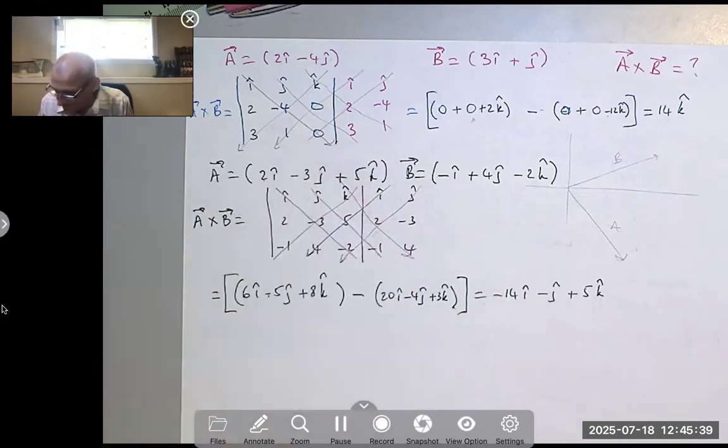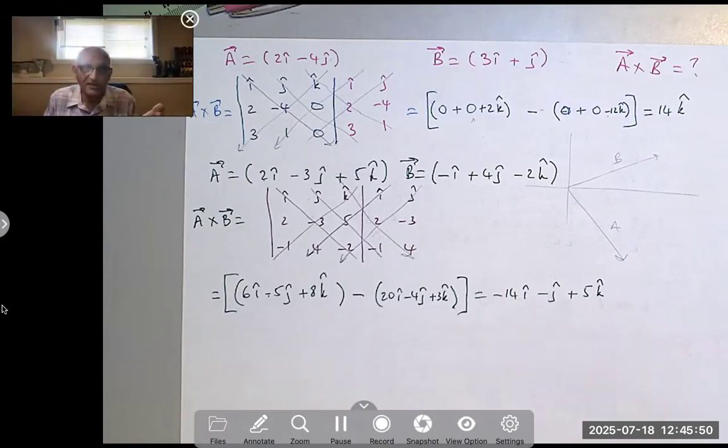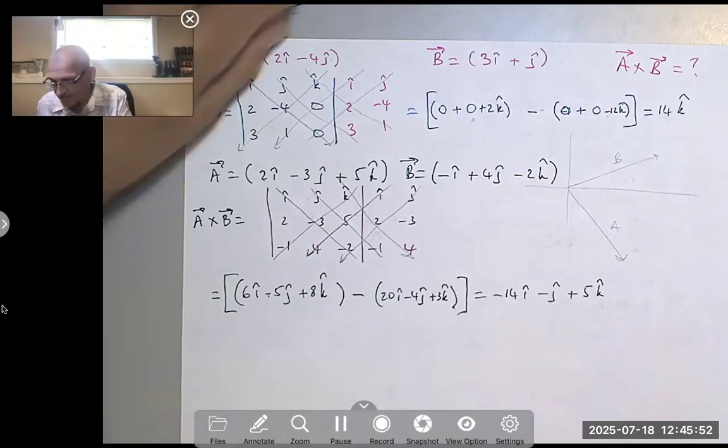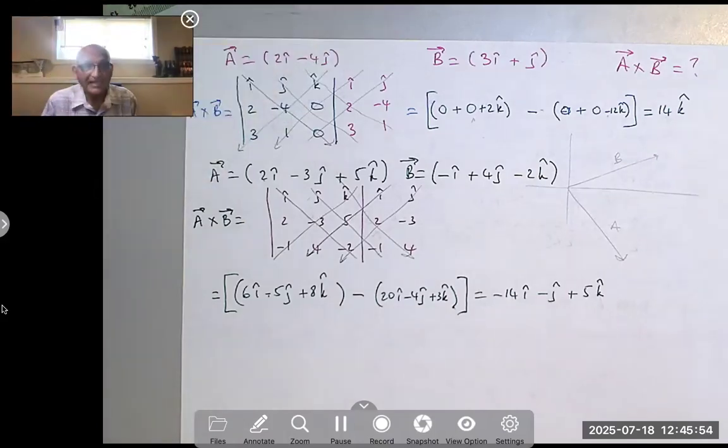And that's how we are going to find the magnitude and the direction of vectors, which would be the moments or the torques, as you may have used in physics, the magnitude of the torque and its direction.